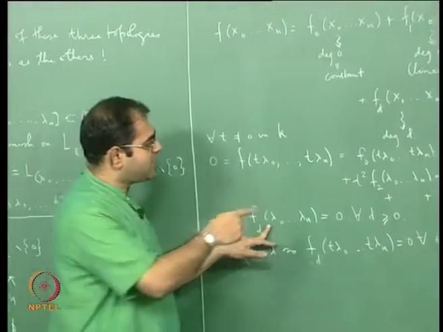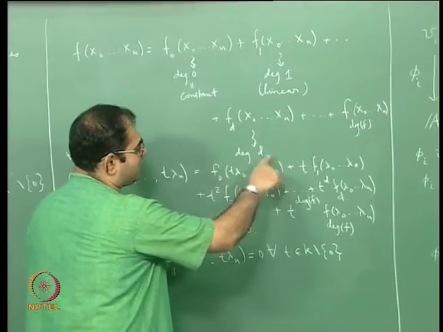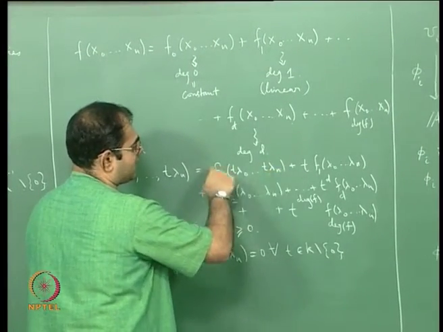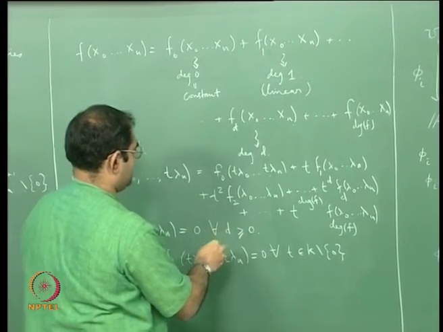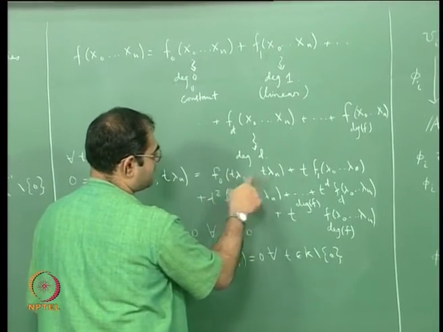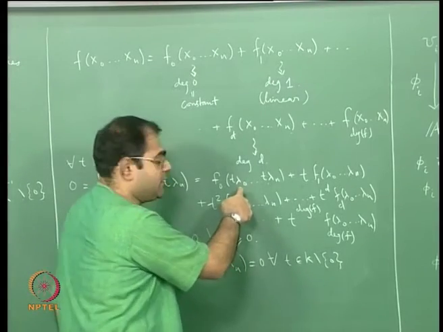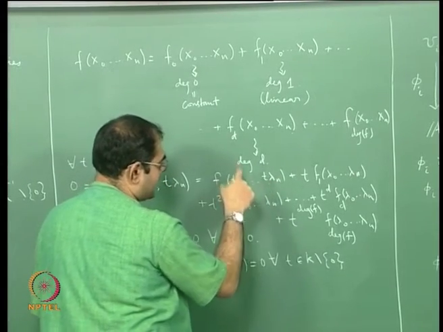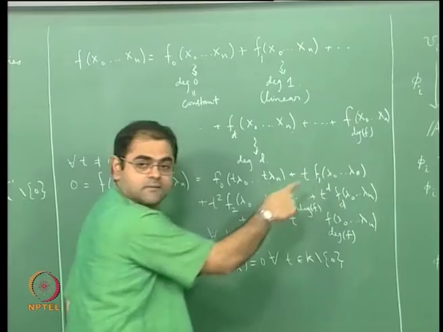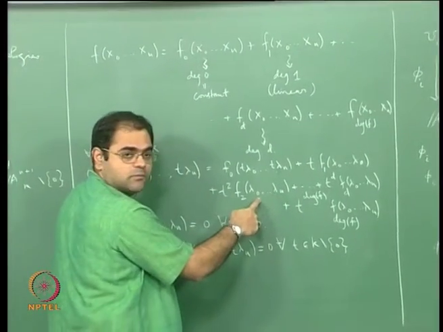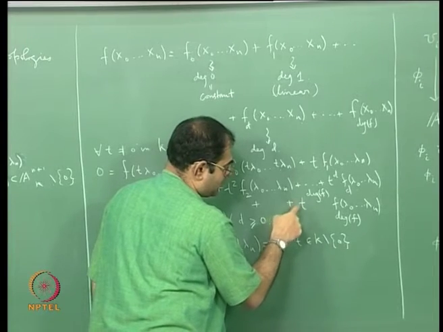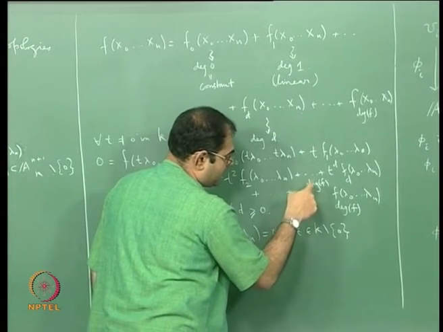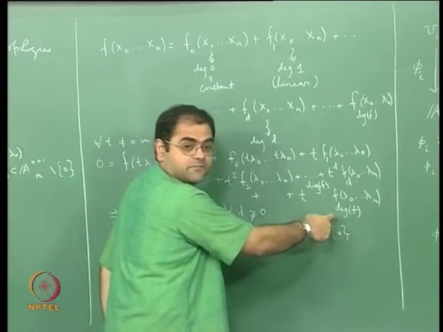Let me call this scalar a naught. After all, this is a scalar, and of course it is independent of t because this is the first term, it is constant. So I will get a naught plus t a1 plus t squared a2 plus t power d ad and so on, up to t power degree f a sub degree f, equal to 0.